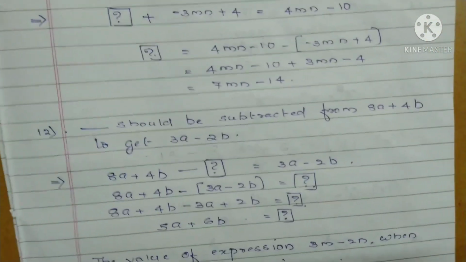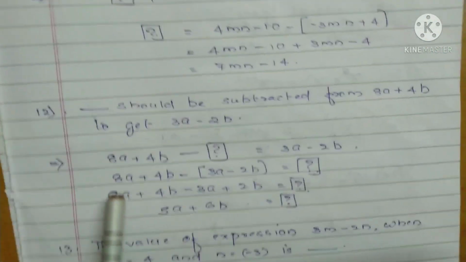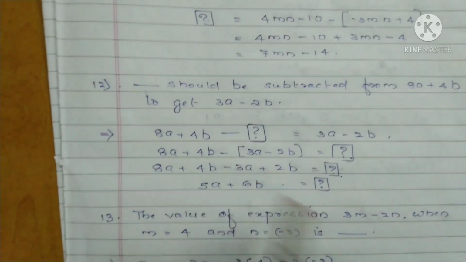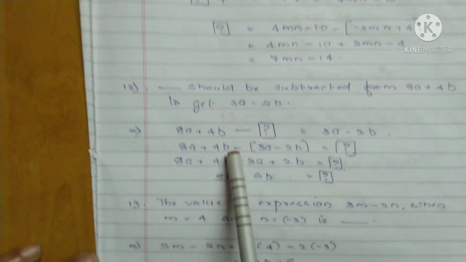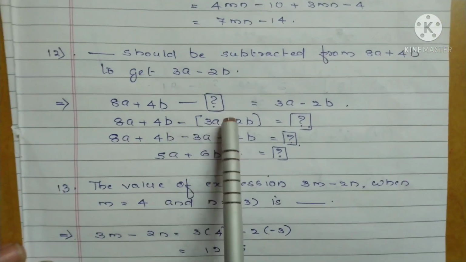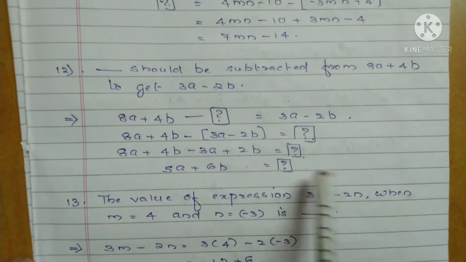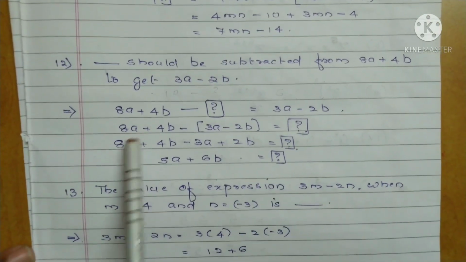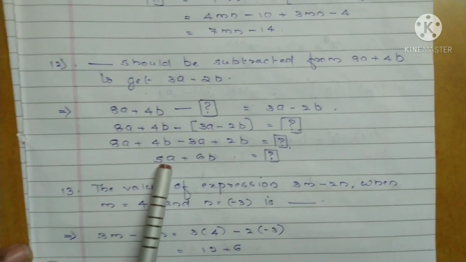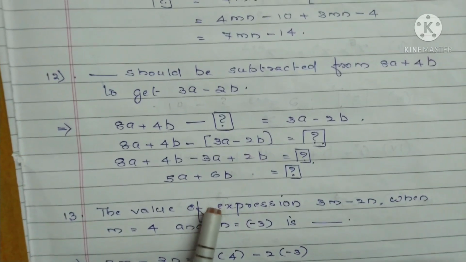Now open the bracket, 8a + 4b. The first expression will remain the same because that is on the negative, subtraction side. Now when we are opening the bracket, minus into plus is minus 3a, minus into minus is plus 2b, equal to question mark. Now we can simplify like terms: 8a minus 3a is 5a, 4b plus 2b is 6b.